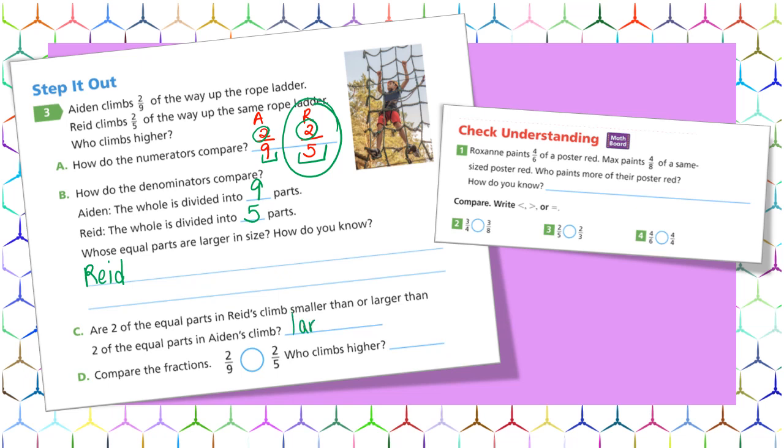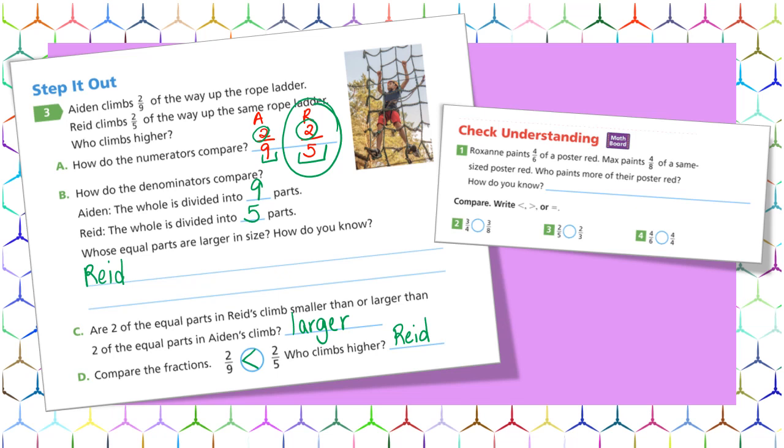So they're larger. And then compare the fractions, 2/9 and 2/5. Well, 2/5 is larger, so 2/9 is less than 2/5. Who climbs higher? Reed does.